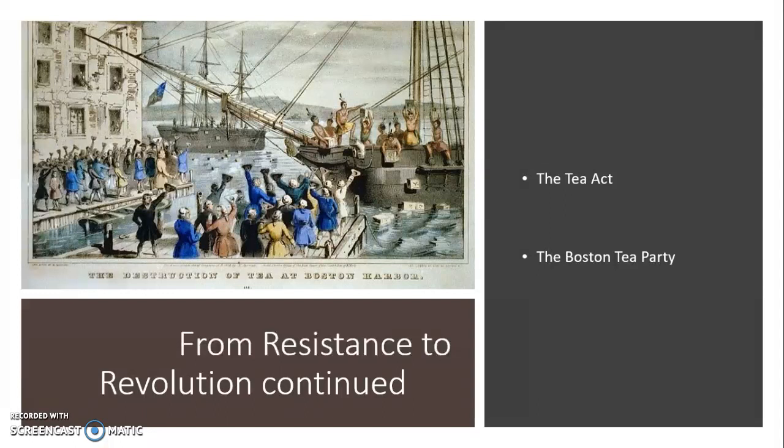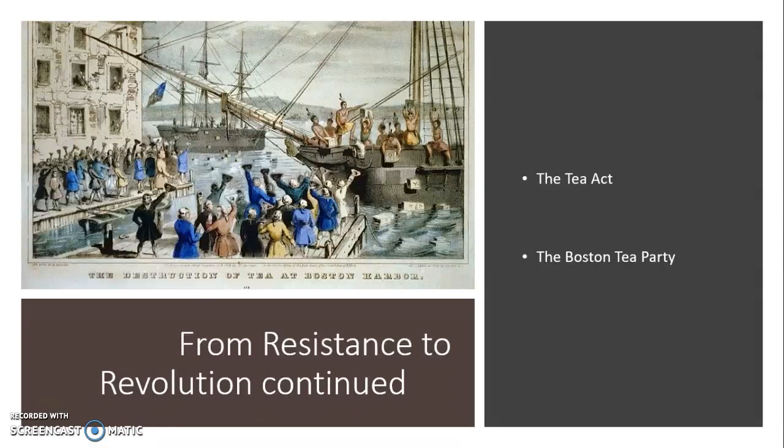So in order to give that specific merchant group some help, England is going to pass what is called the Tea Act. The Tea Act was designed and aimed at giving the British East India Company advantages in the colonial tea market.